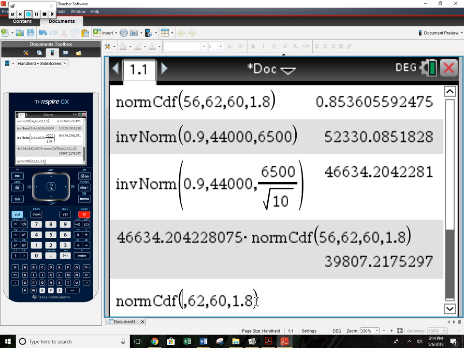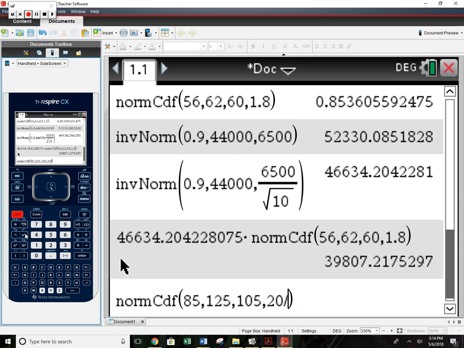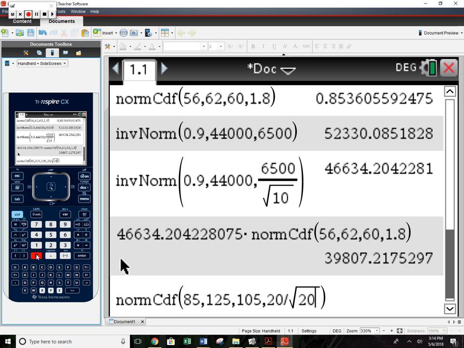Alright, let's try it this way. 85, 125. The average is 105. Yeah, we can do this. 20 divided by the square root of 20.